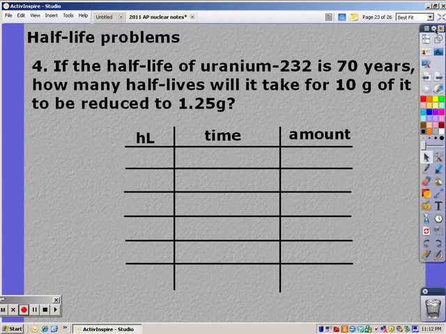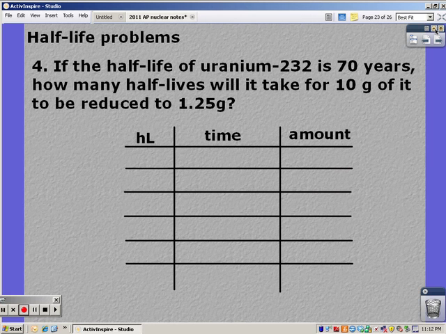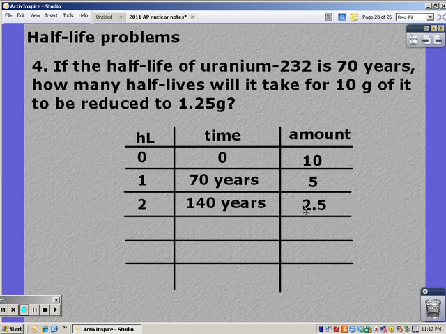I'm going to pause the video and try this one on your own. So 0 half-lives, 0 time, and we're starting with 10 grams. One half-life is 70 years, and so 5 grams, and we're going to keep going until we hit 1.25 grams.